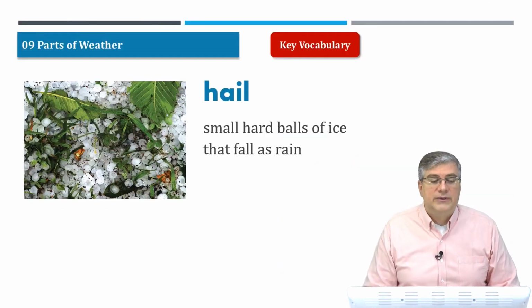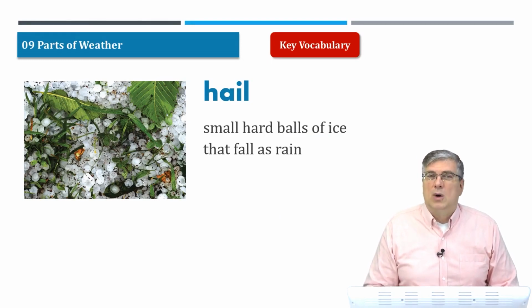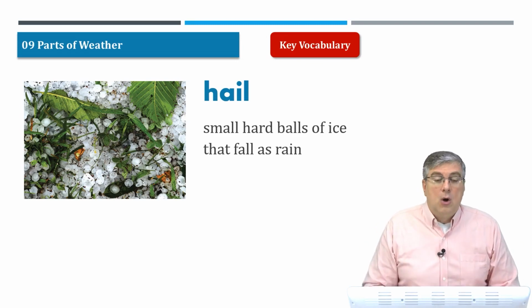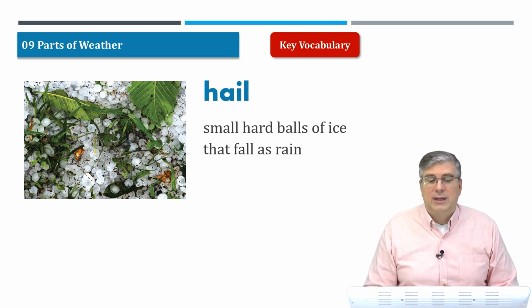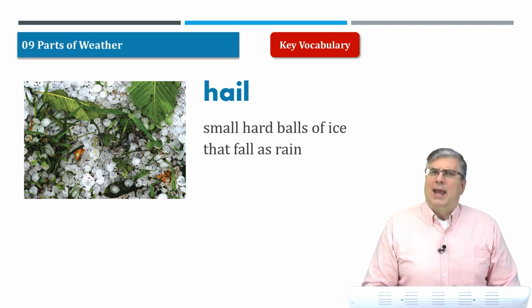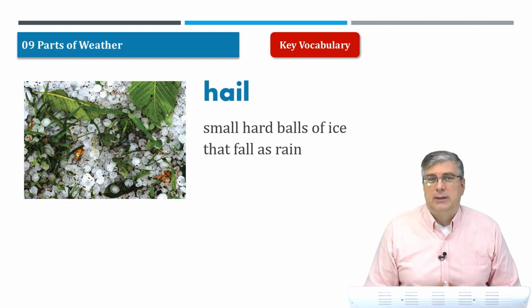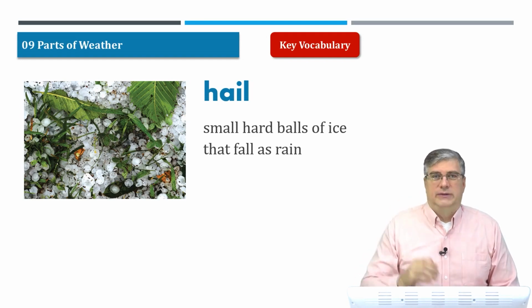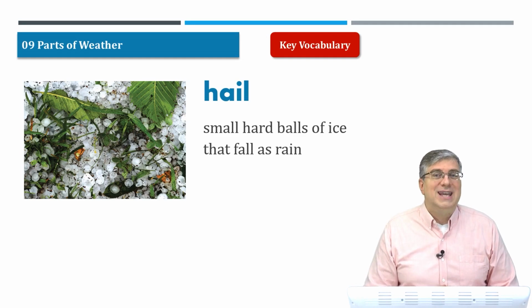As usual, we will start with the vocabulary. Now, there are many words that are related to weather because weather is very important for our lives. One interesting word about weather is hail. Have you seen hail before? Sometimes hail doesn't happen in certain parts of the world, but if you live in some colder parts of the world, you might see hail.